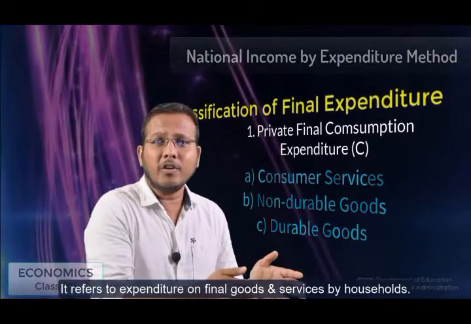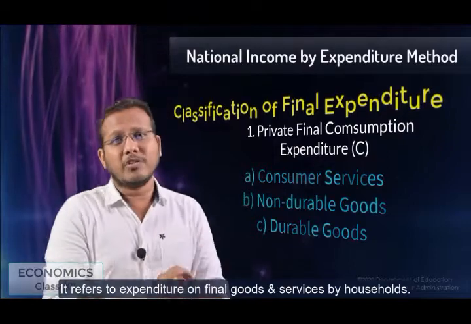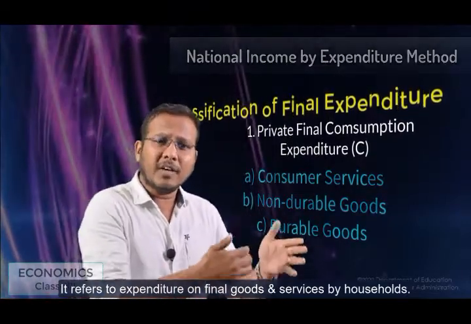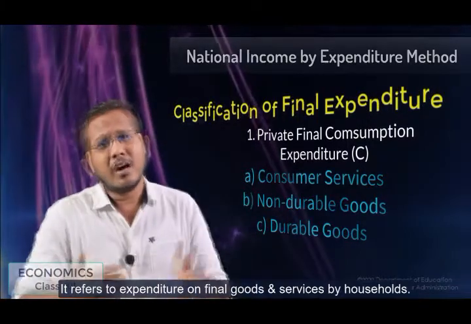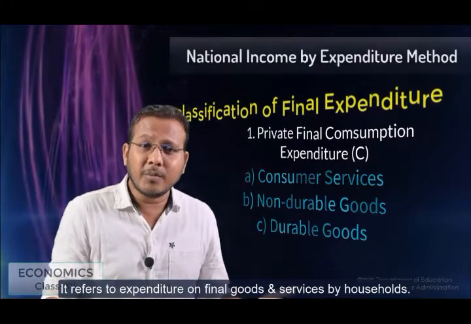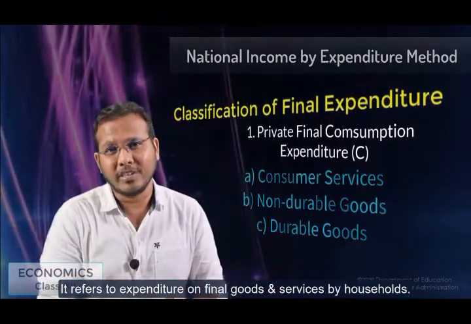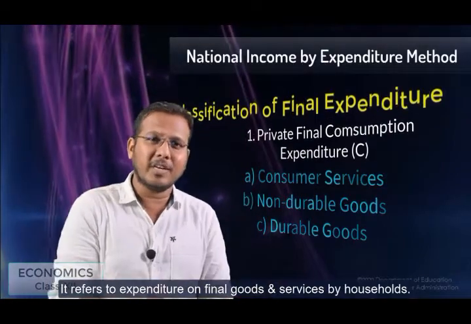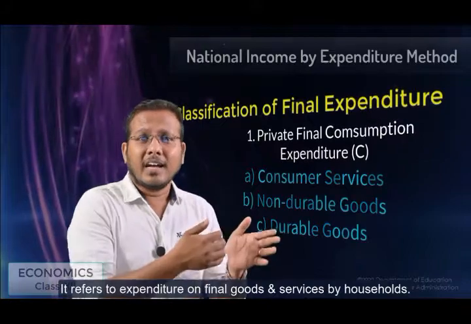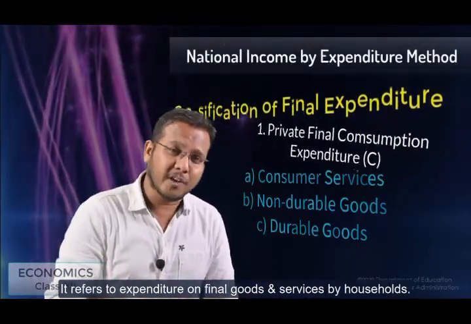And not only non-durable goods, but also the consumer's consumption of durable goods like furniture, almirahs, washing machines, and all the other electronic items which are used in our household for a long period of time. These durable goods can also be counted in the private final consumption expenditure. All together, we can add all these consumer services and the consumption of durable and non-durable goods in the private final consumption expenditure value.